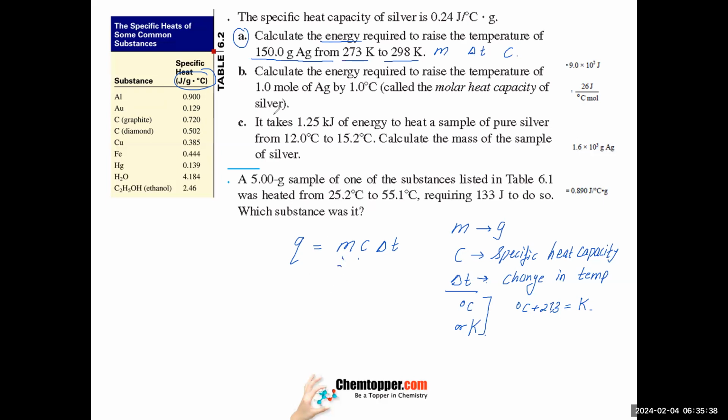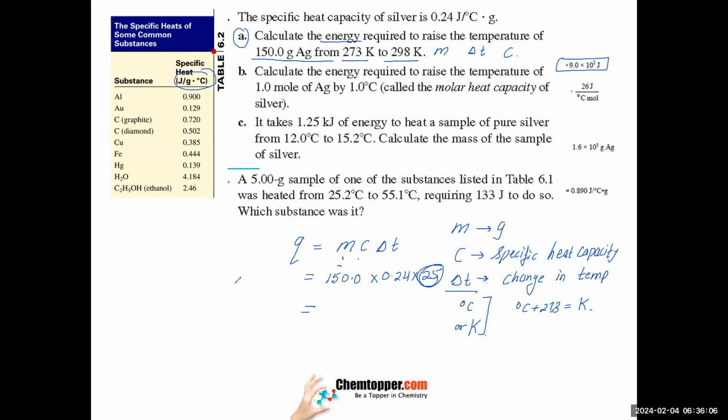And your answer should have how many significant figures? Yes, please. Delta T is 25. Very good. So how many sig fig in the final answer? Yes, only two. Can you see the answer is in two sig fig, right?